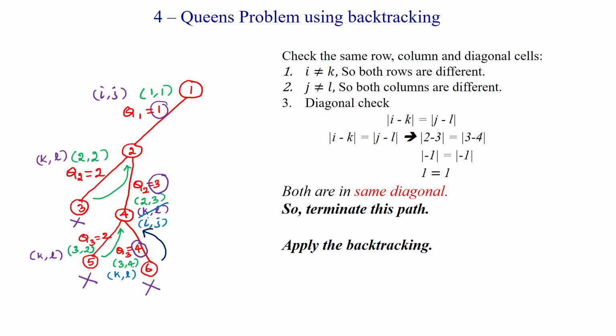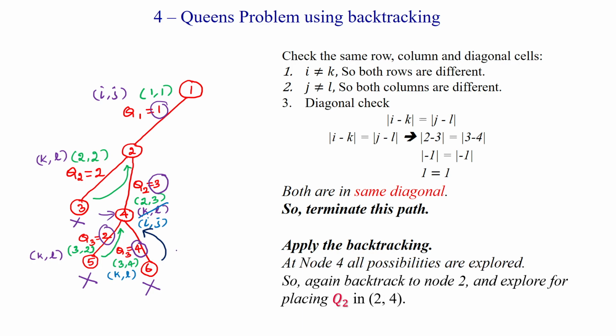The second column was also checked, so all possibilities for the fourth node are checked. Only two possibilities, and it is also not possible. So we have to go back again from this position, back to node number 2 to check another possibility.